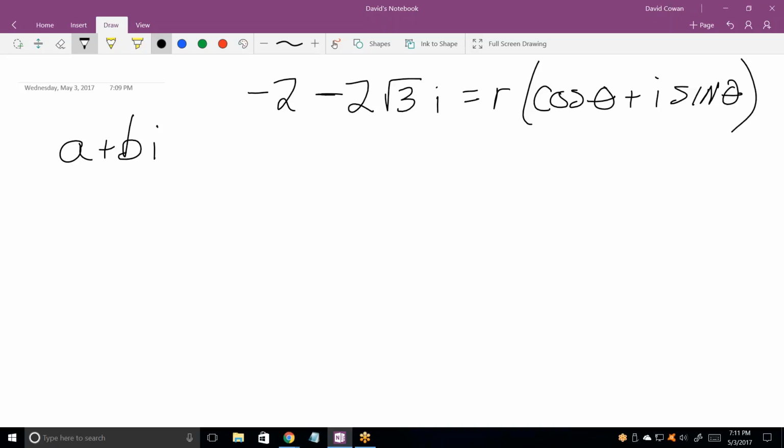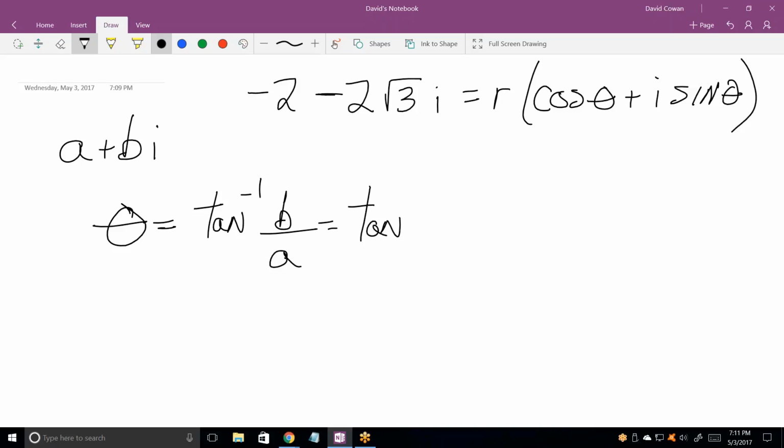Now, theta, again, is the inverse tan of, instead of y divided by x, it's b divided by a. So in our case, it is the inverse tan, and the same rule applies.